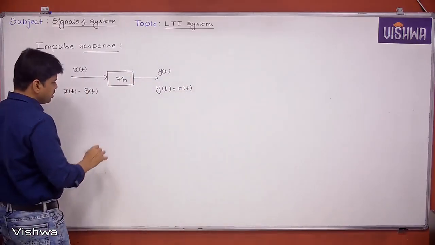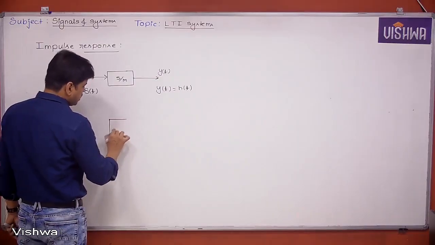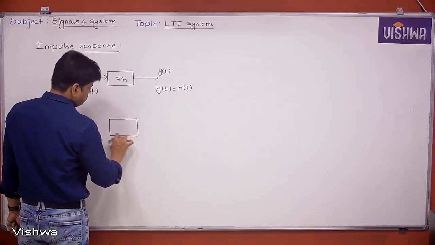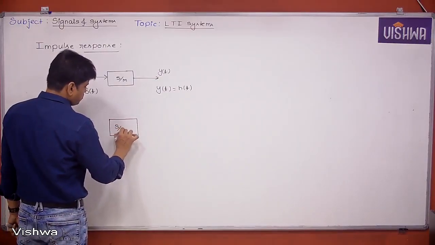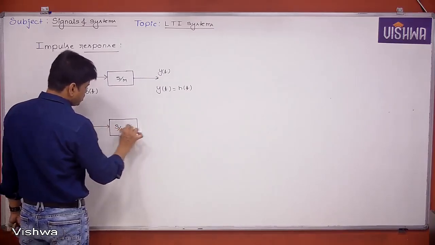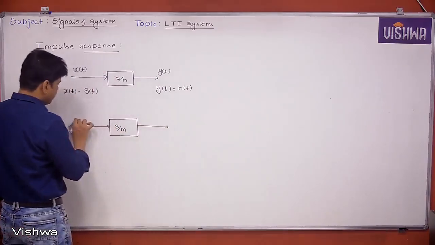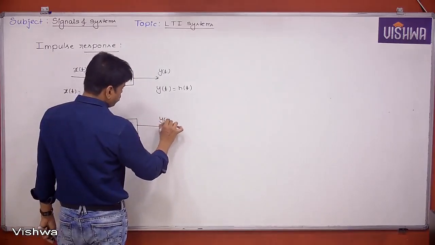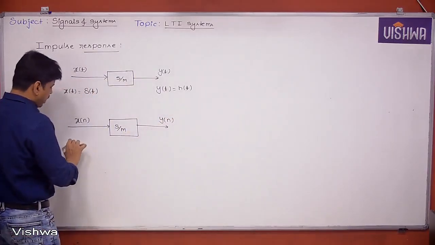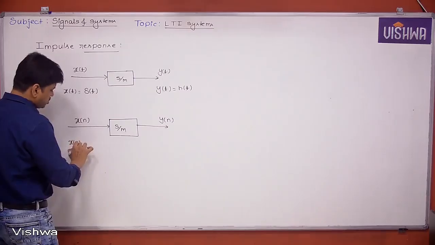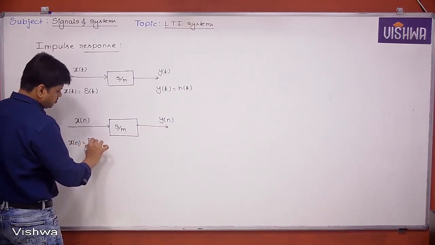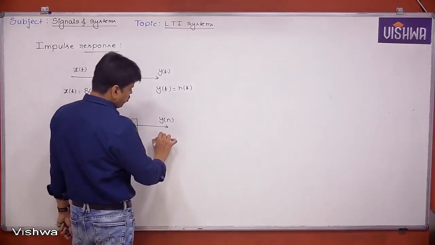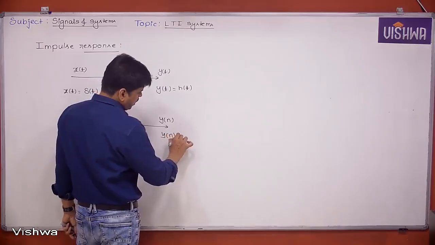In a similar manner, take a discrete time system, with x of n as the input and y of n as the output. If I take x of n equal to delta n, then the output y of n is called h of n.